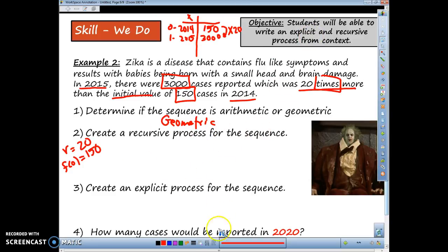So what we're going to do is create a recursive process. Remember, look at your concept map if you struggle, but I need f of 0, and that was 150, and I need f of x. Well, f of x is generated from the previous term, f of x minus 1, and then the pattern going on with the sequence is that we multiply it by 20.